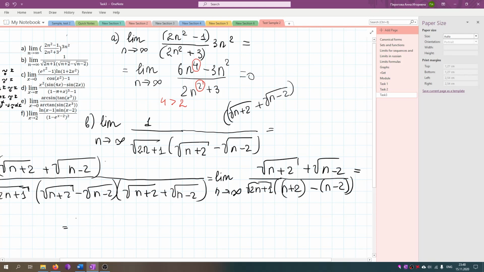So now let's simplify our expression. n plus 2 minus n minus 2, times n plus 1, and here we get n minus n is 0, 2 plus 2 is 4.